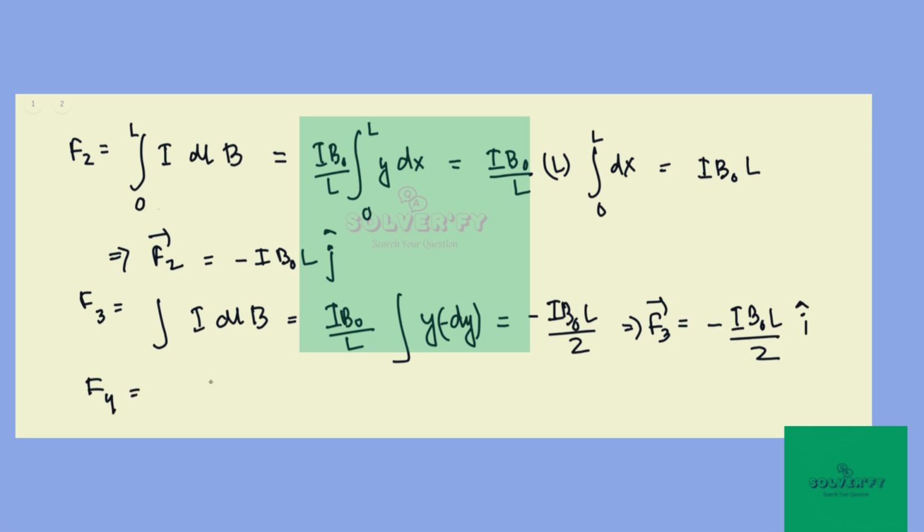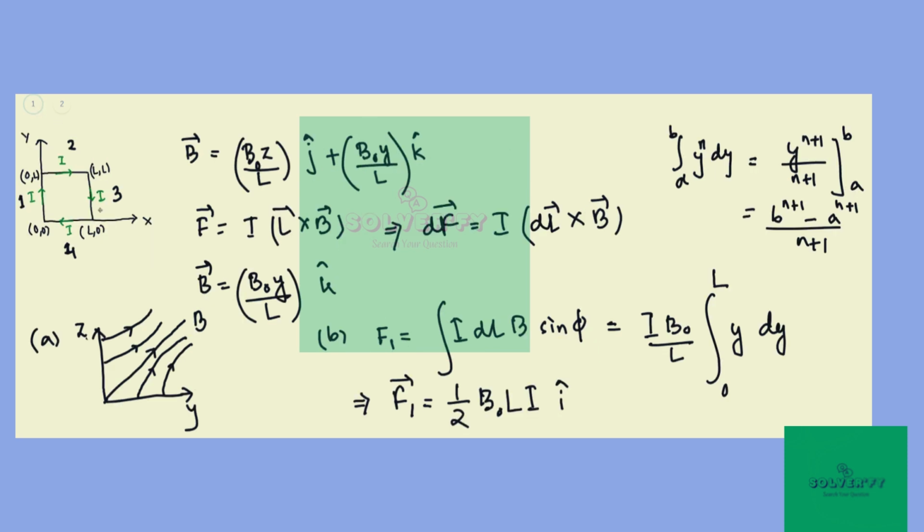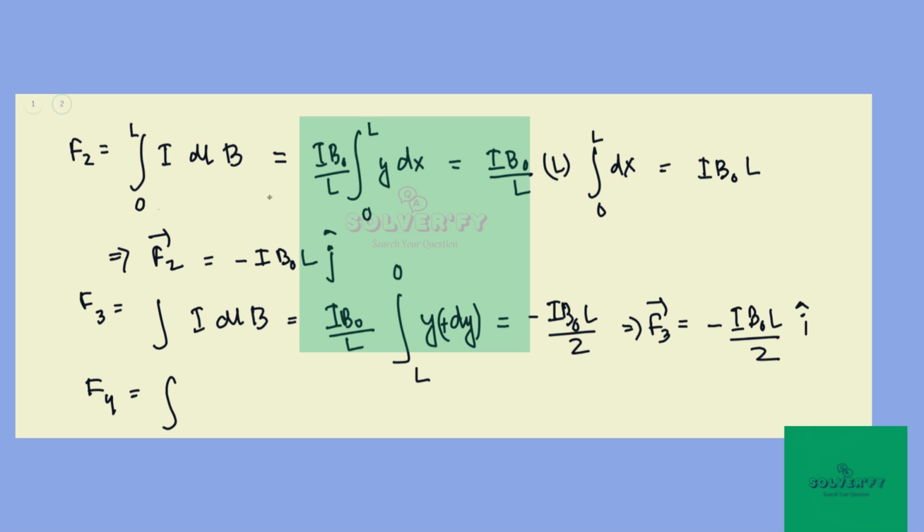So for the last part, I forgot to write the limit, so this is just L to 0, and let's make this plus, and we arrive at this result. So I think this is simpler than what I was doing earlier. Just take the limits as the current flows, so L to 0, and take dl to be equal to dy.